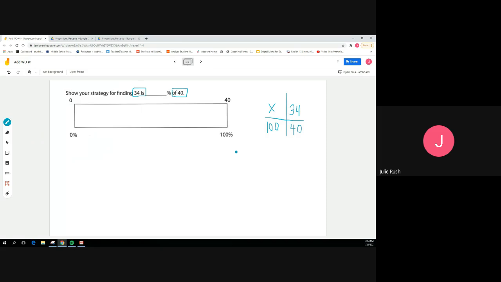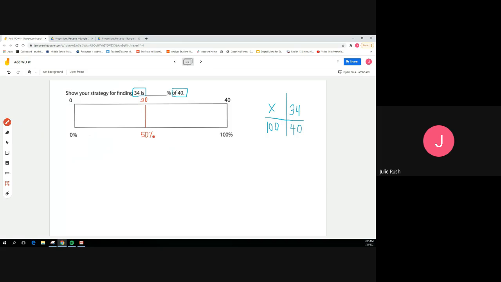All right, guys, welcome back. Hopefully you've solved by now. I'm going to grab my red pen and get started. So like I told y'all, I usually cut mine in half almost all the time, only because now I have a comparison for my 34. And notice 20 is half, that's 50%, okay?